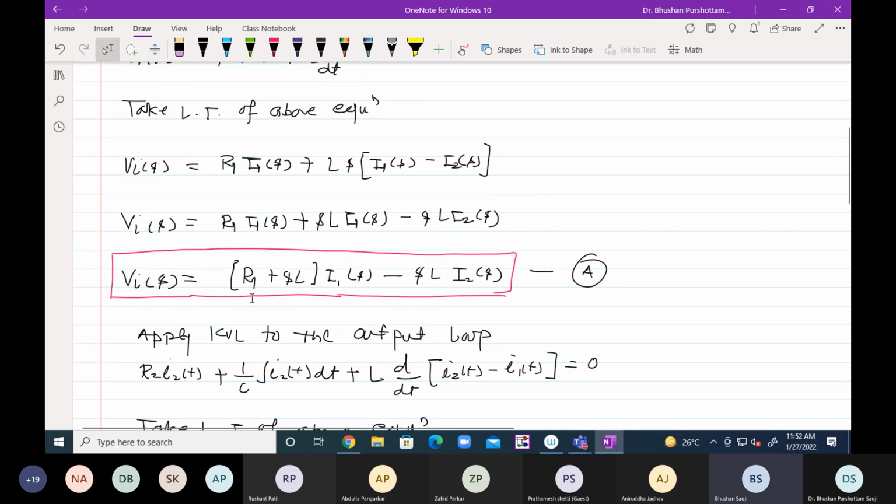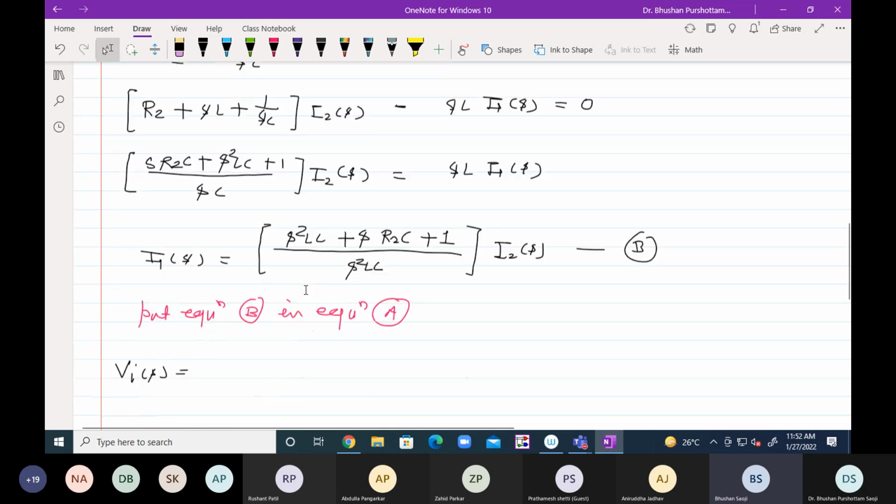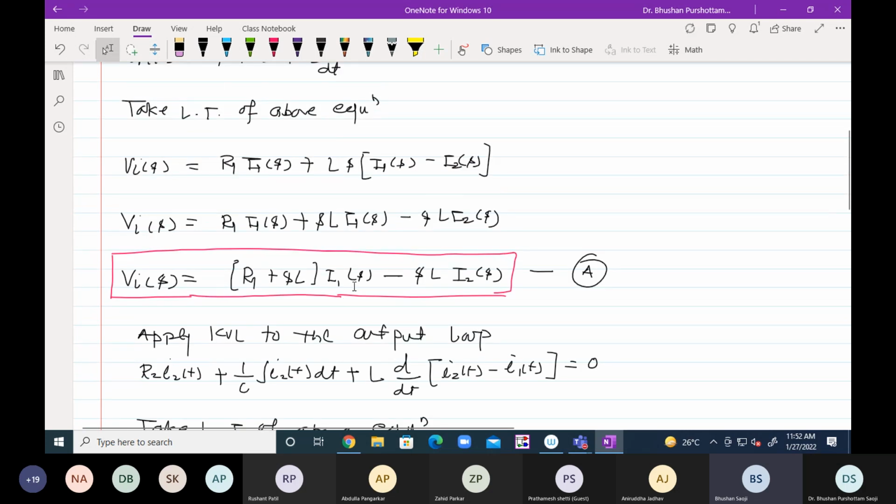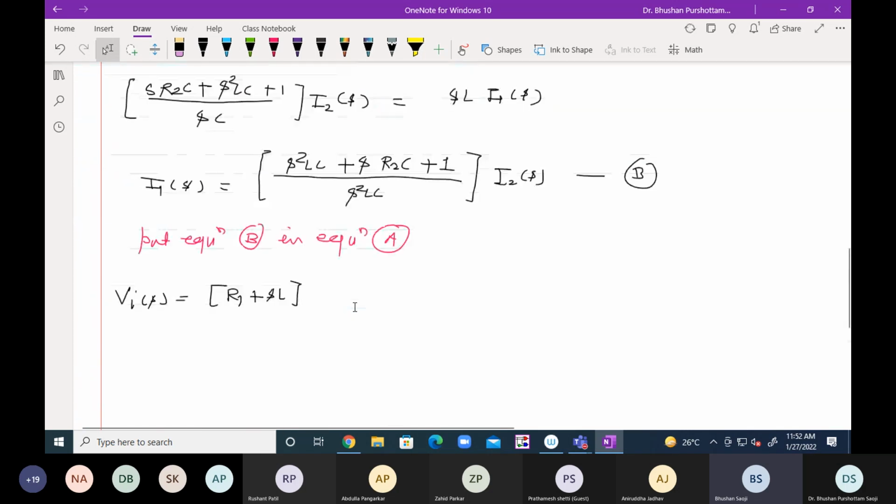This is (R1 plus S into L) in brackets, multiplied by I1 of S. What is I1 of S?